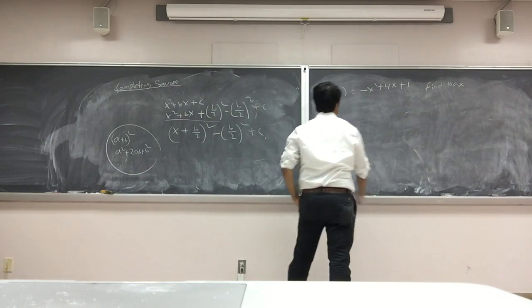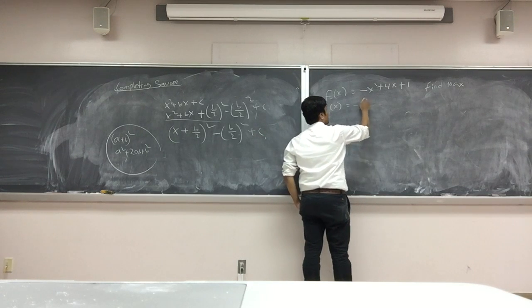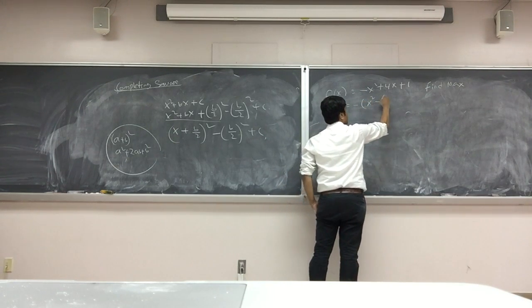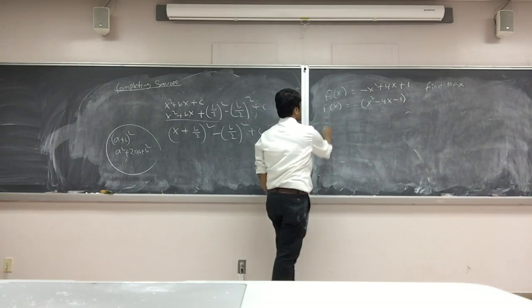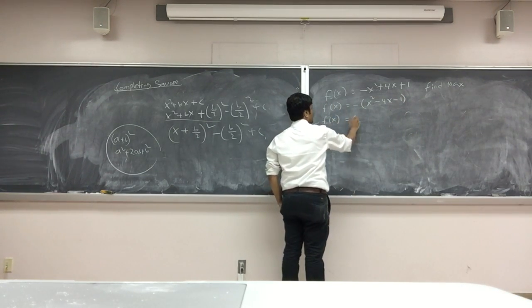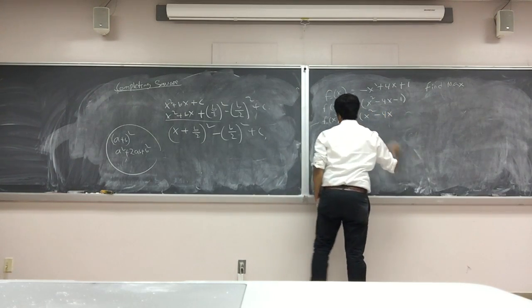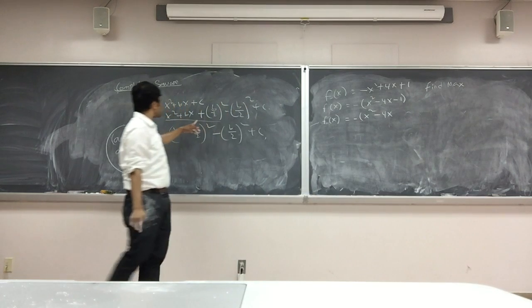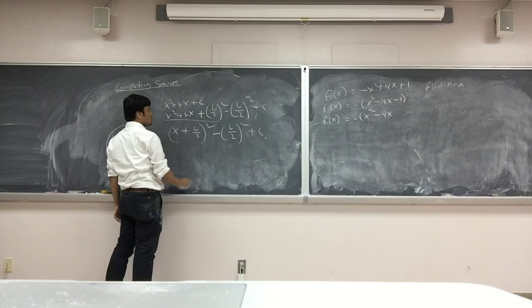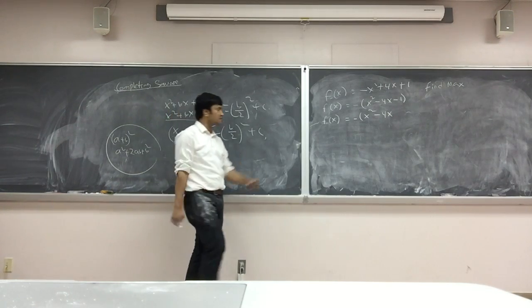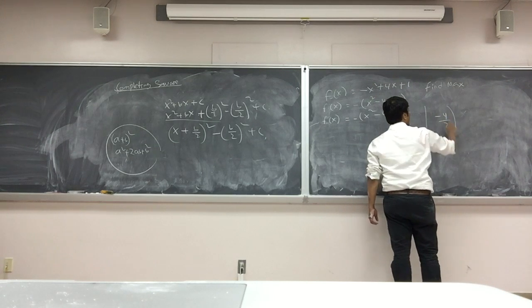So let's do that. F of x is minus x squared minus 4x minus 1. Remember, this part is bx. So bx, what do we do? We divide by 2 and square it. Now we're going to divide negative 4 by 2 and square it.